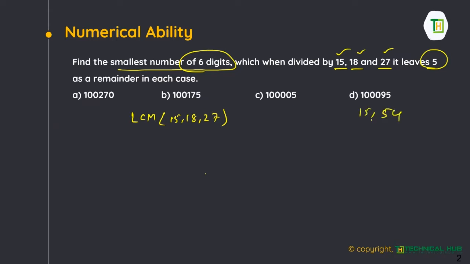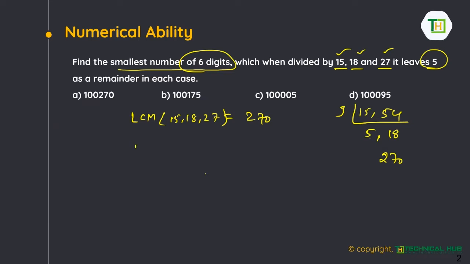Now you can calculate 15 and 54. Here it is 3 table, 5 times and 18 times. Now 18 fives are 90, 90 into 3 is 270. 270 is the LCM of all those three numbers. And next, he is asking us to find the smallest 6-digit number.